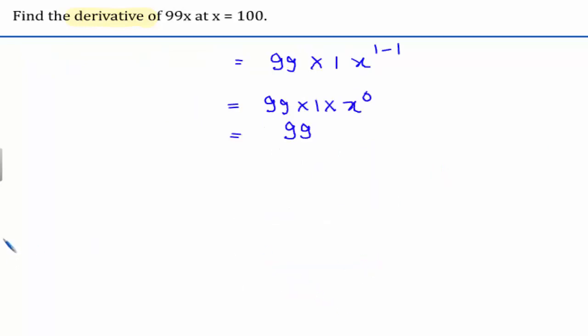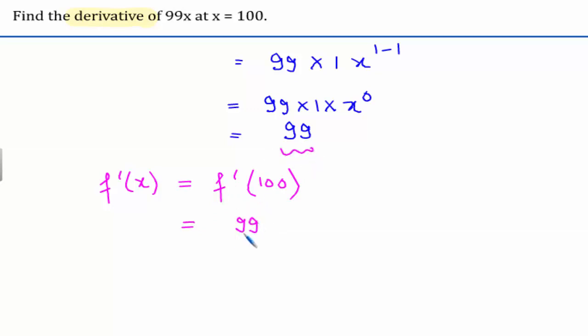Now we have to find the derivative at x is equal to 100. That is, we have to find derivative of the given function f(x) at x is equal to 100, which is f dash 100. Now the derivative is 99.